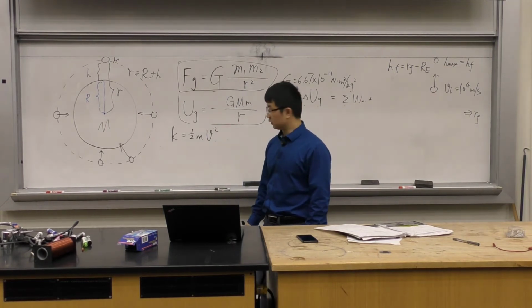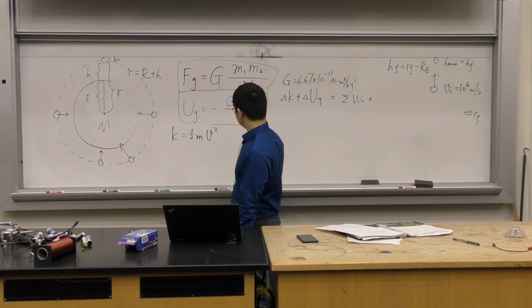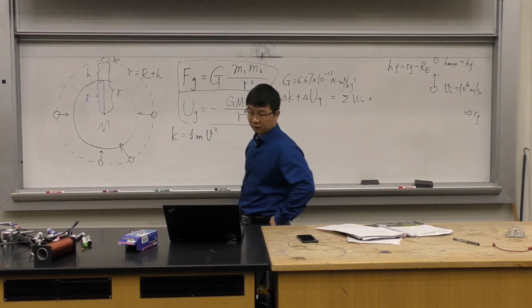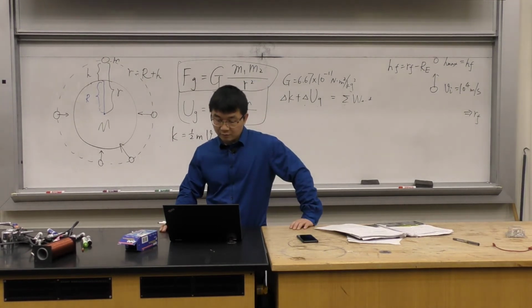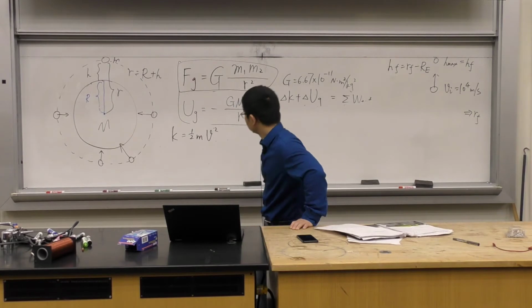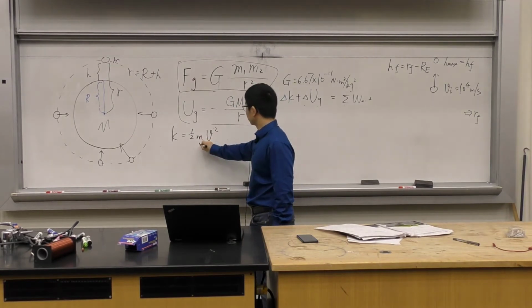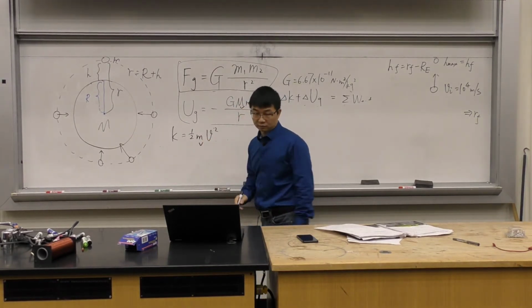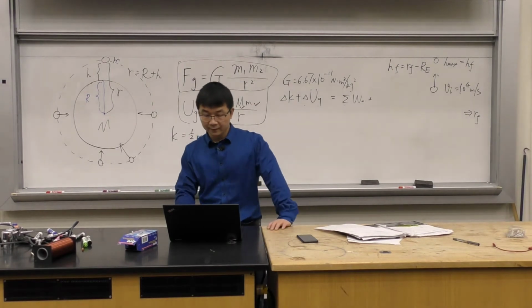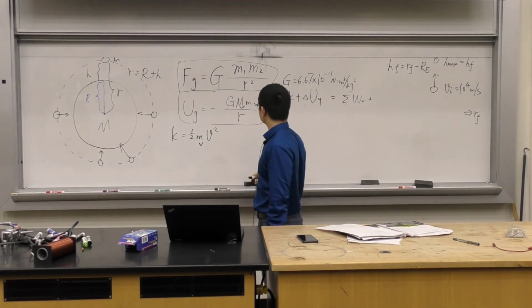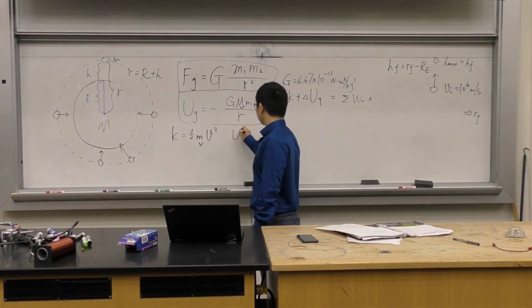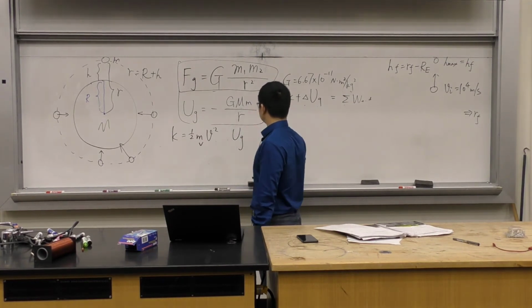So let's see. If I have all the numbers ready, I will just plug them in, right? So let's see, what do we have? We know the mass of the satellite. Okay, good. That's little m. Big M is the mass of the Earth, right? It's still orbiting the Earth. G is the number, right? G is the constant, okay?